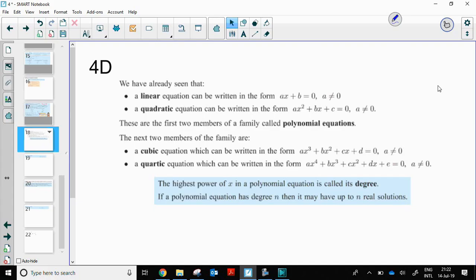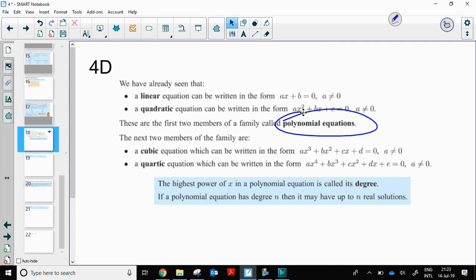All right, so section D, we're getting into technology now. Everything on this page I've already really said out loud earlier in this video. Polynomial equations contain our quadratics, our cubics, our quartics. Quintics would be something with x to the 5th. I forget the name for anything bigger than that.